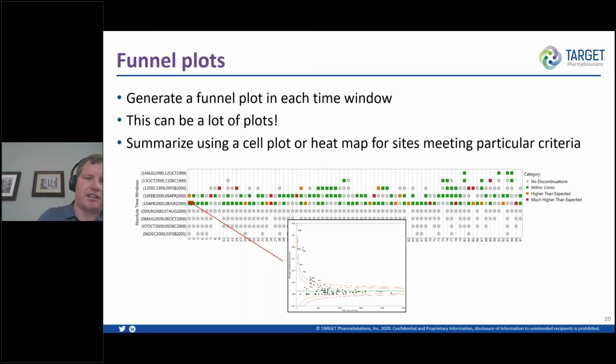The coloring in the cell plot is essentially classifying sites according to where they would have fallen in the confidence intervals of the funnel plot, whether they were moderate or severe or mild events or mild risk, essentially. And we can look at that change over time.